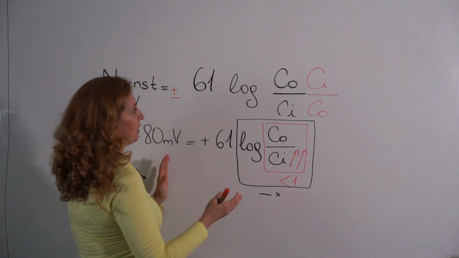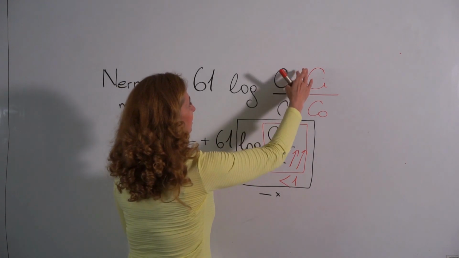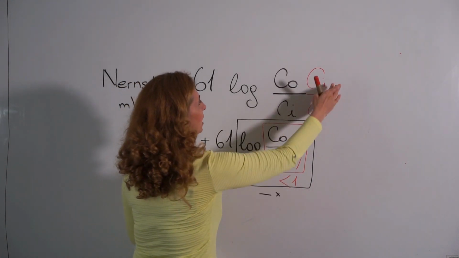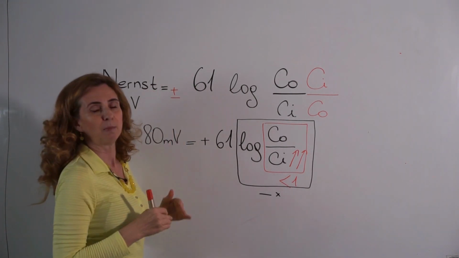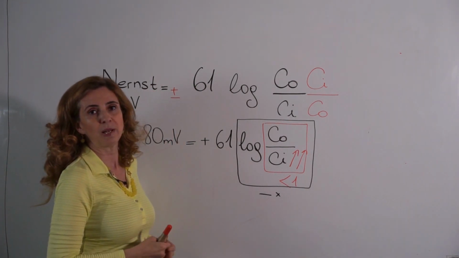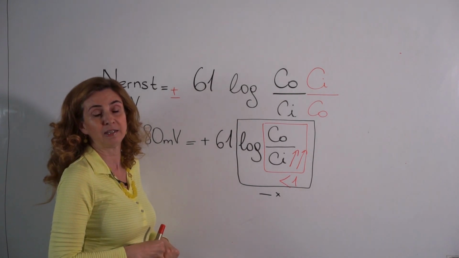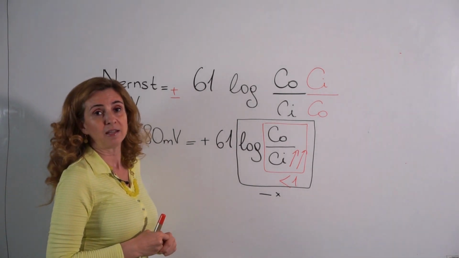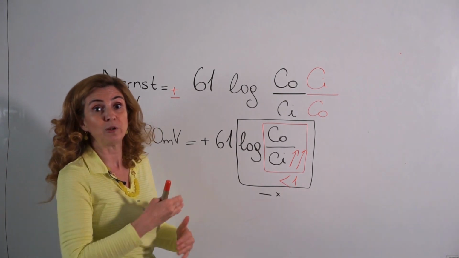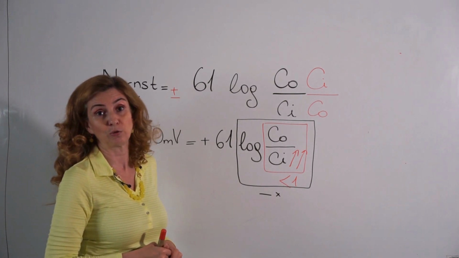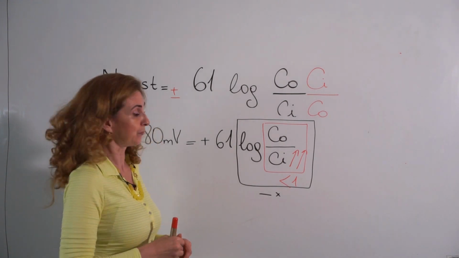In most of the books they write concentration outside over inside or inside over outside, and they balance everything by putting a minus or a plus sign here, and they are acting on the safe side. And it's very difficult at the beginning to understand which sign or which concentration ratio is going to be used.